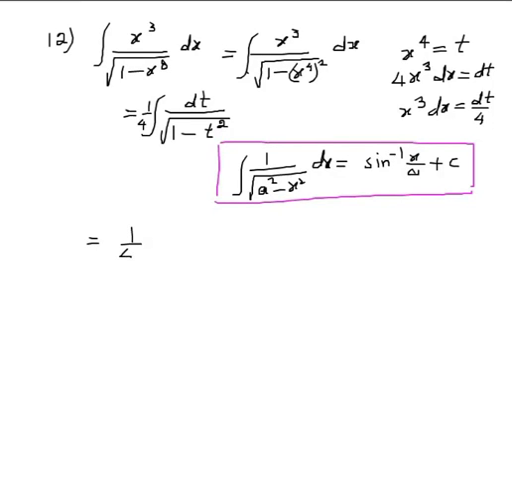Therefore, the answer is 1 by 4 times sine inverse of t by a, a is 1. Let us substitute for t. So 1 by 4 times sine inverse of x raised to 4 plus c.